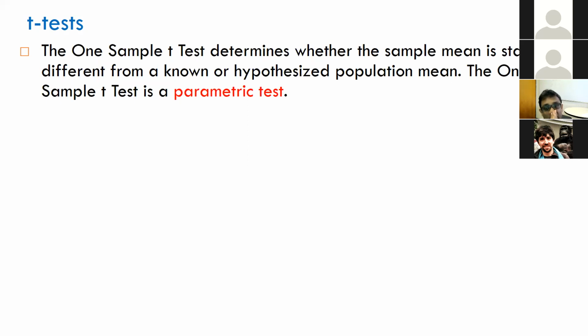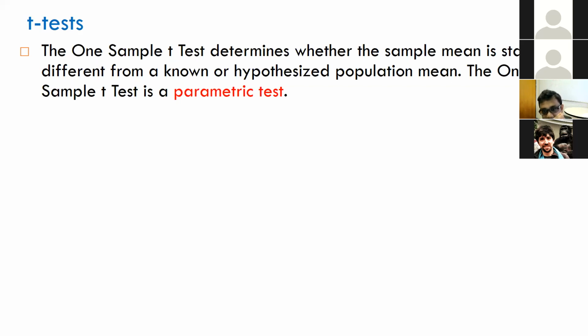I put this term in red because it is important: parametric, because there's another kind called non-parametric test. If your data is normally distributed, you use parametric tests.